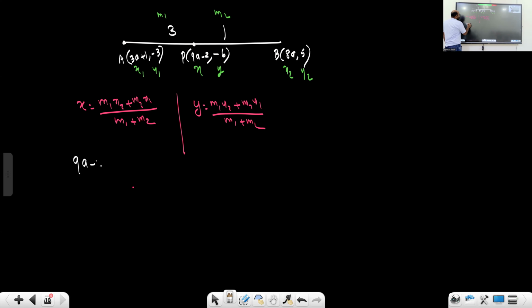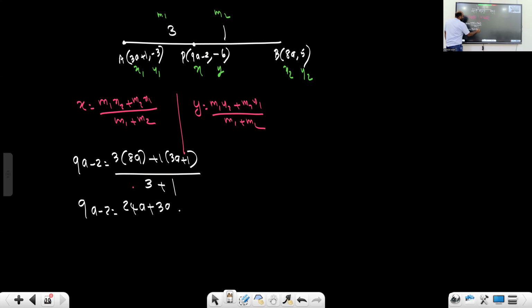A minus 2 equal to 3 into 8A plus 1 into 3A plus 1 by 3 plus 1. A minus 2 equal to 24A plus 3A plus 1 by 4. What happened? What is the question is written in that?